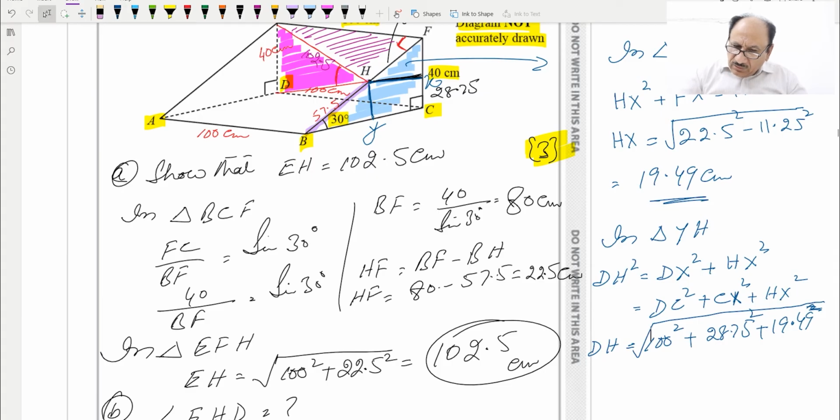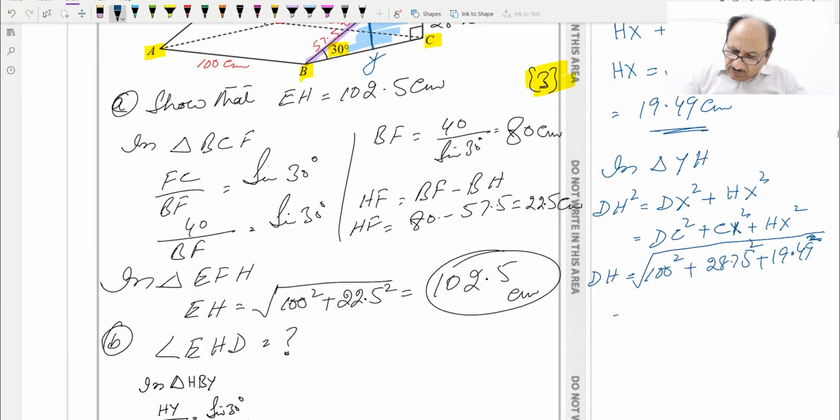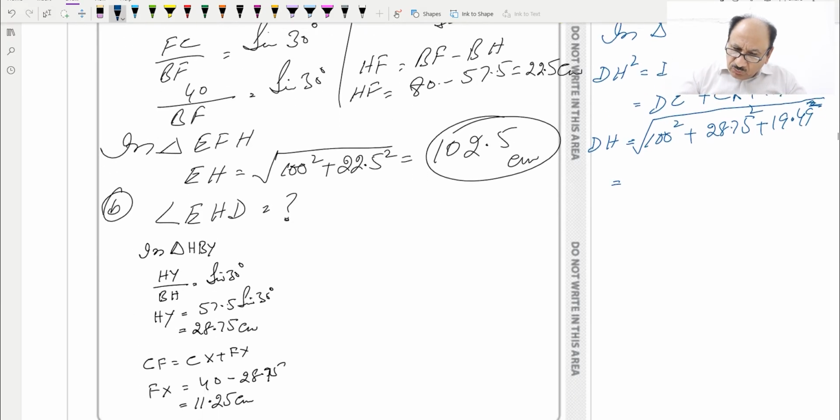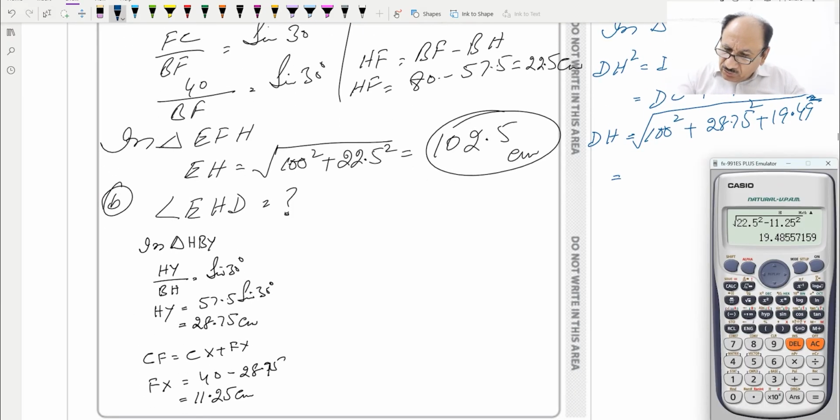Now we can use the calculator and we will get the DH value. So the square root of 100 square plus 28.75 square plus 19.49 square is giving us 105.86.